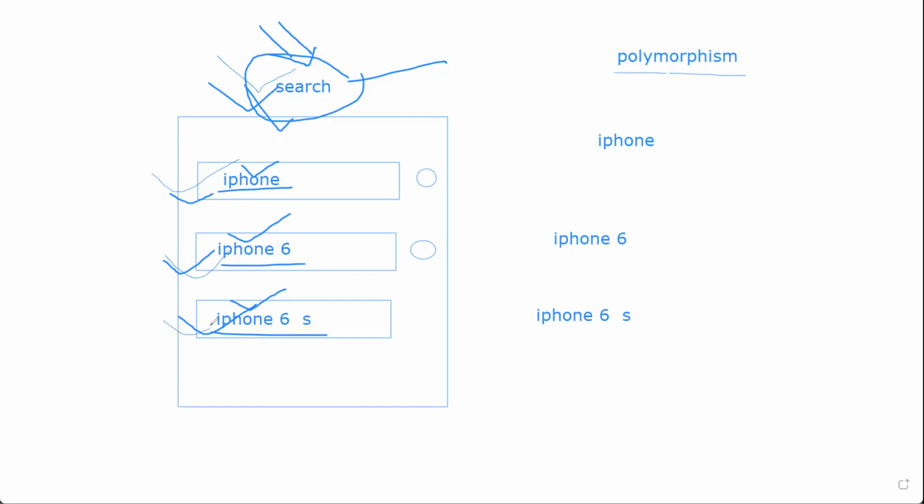Okay. So Python is good in polymorphism. So you have different types of polymorphism in Python. So you have duck typing. Then you have method overloading. Then you have method overriding.